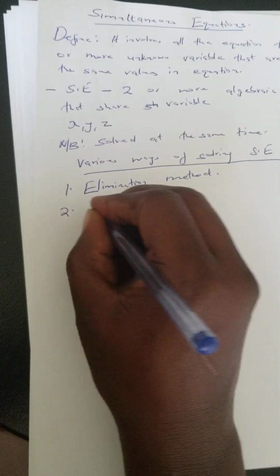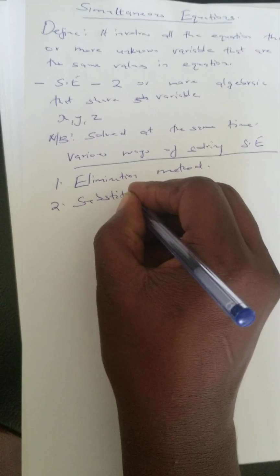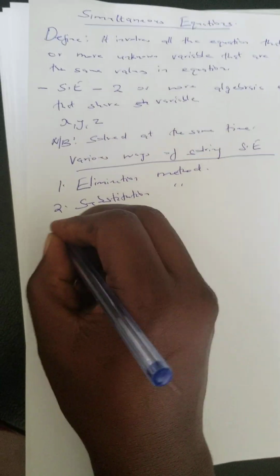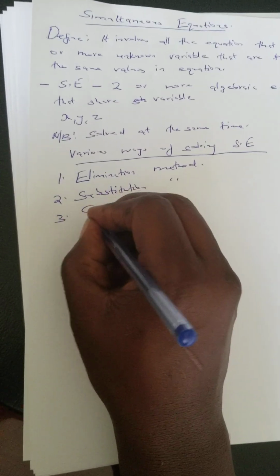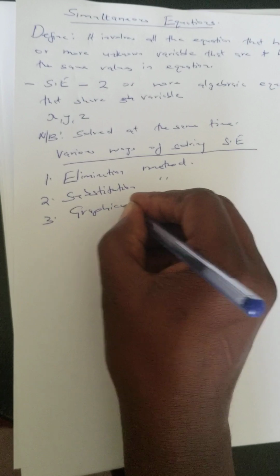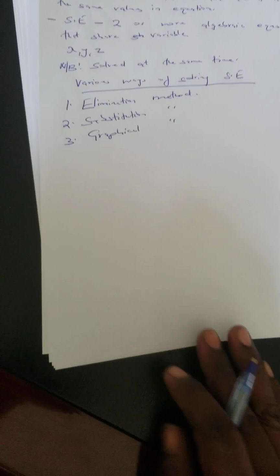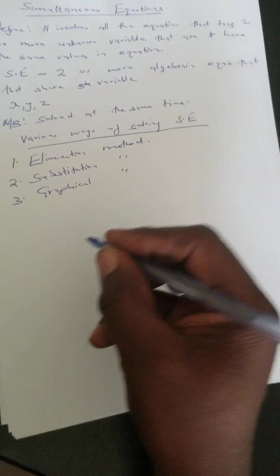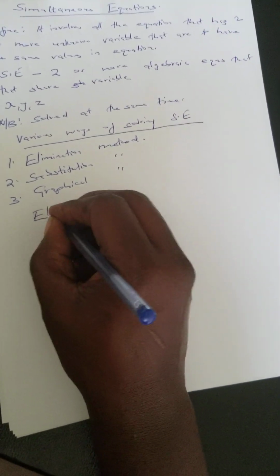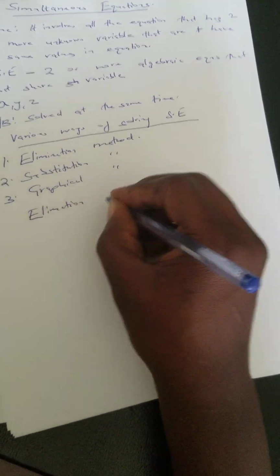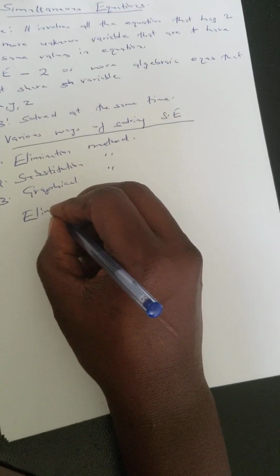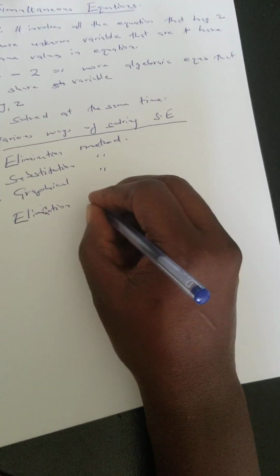The other way is by use of the substitution method, and the other way is by use of the graphical method. And in today's lesson, we will learn how to solve simultaneous equation using the elimination method.